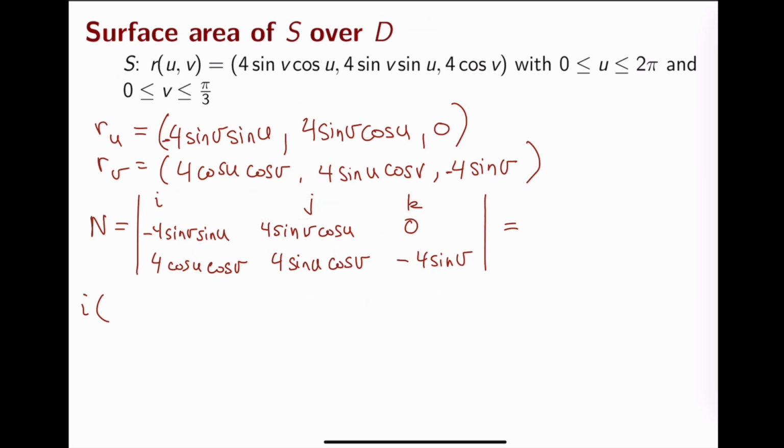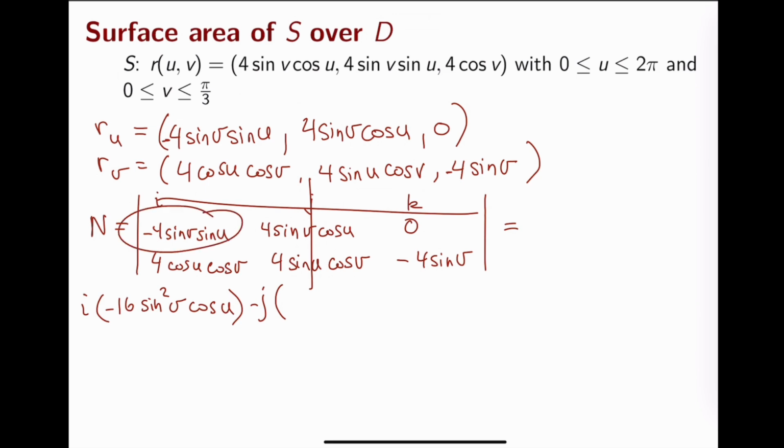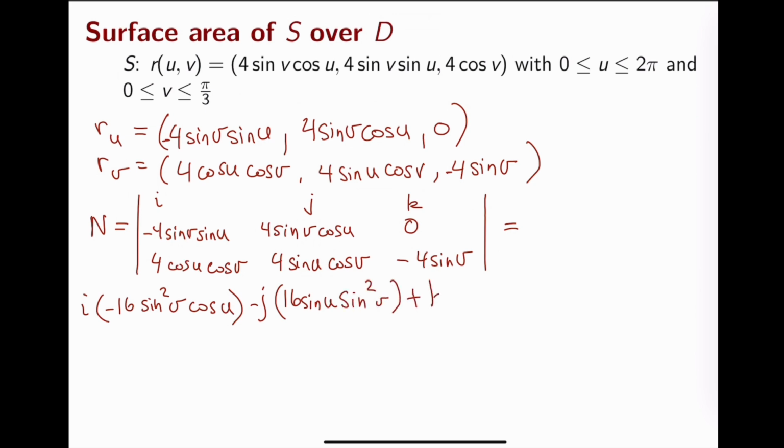In this case, the other is 0, so this is minus 16 sine squared of v cosine of u. And then minus j, we eliminate this times this, the other one is 0, sine of u, sine squared of v. And plus k, when we eliminate this, we have this minus this.